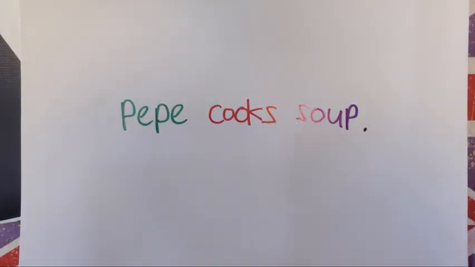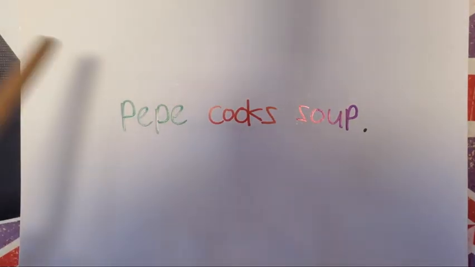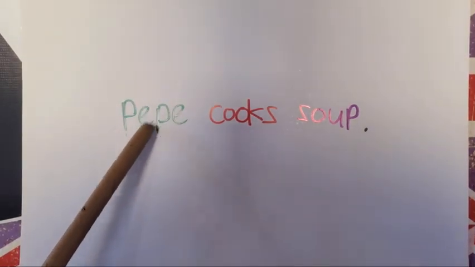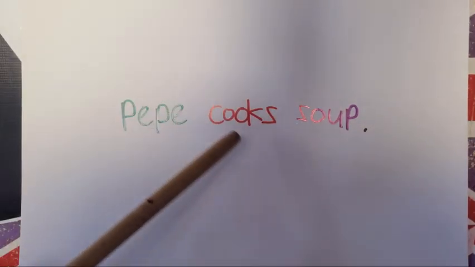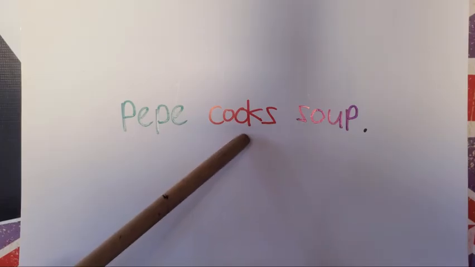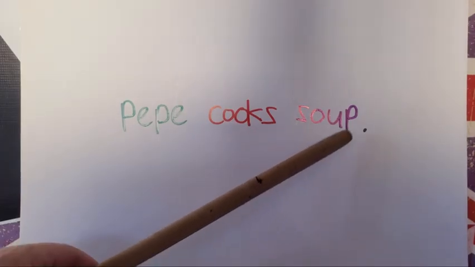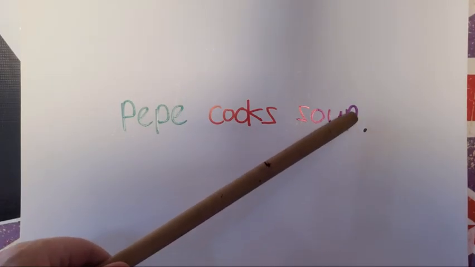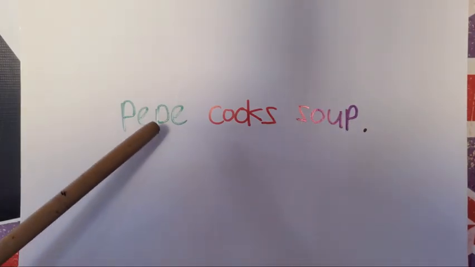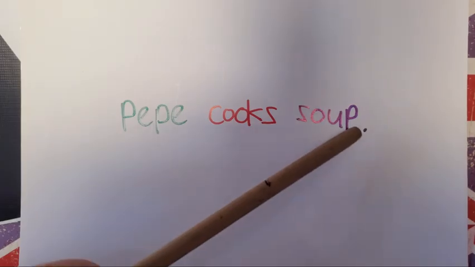If you can understand this, then you will be able to do anything you want with your Spanish language. Pepe in green is the noun, subject. Cooks is the verb in red, and soup is the object. It's also a noun, but we go subject, verb, object.